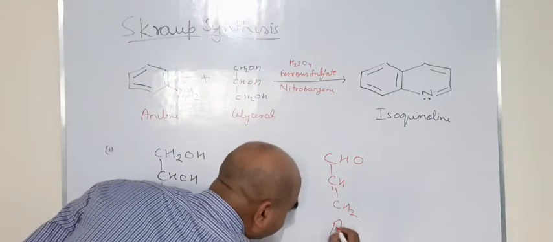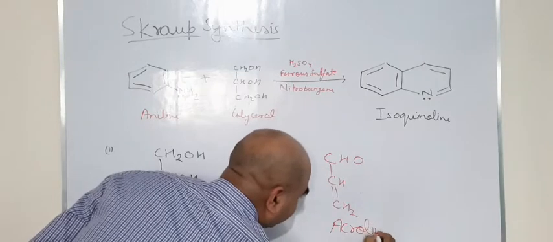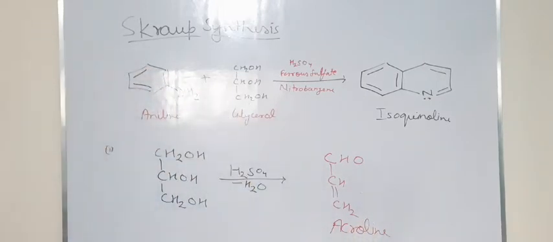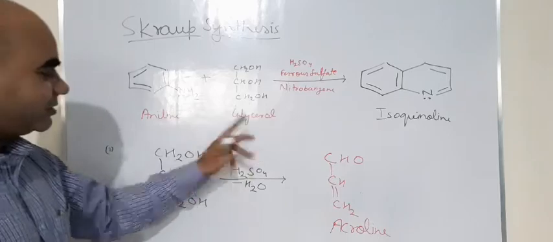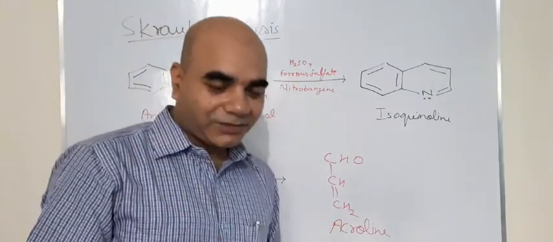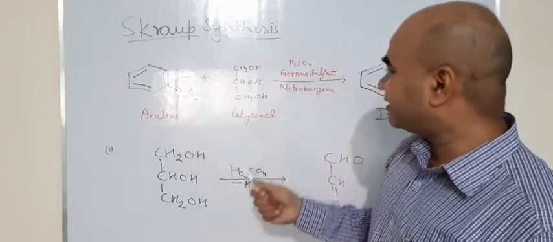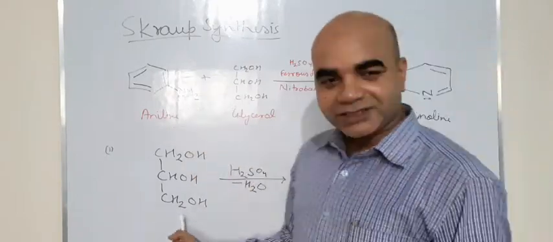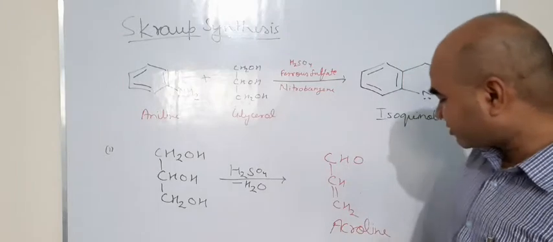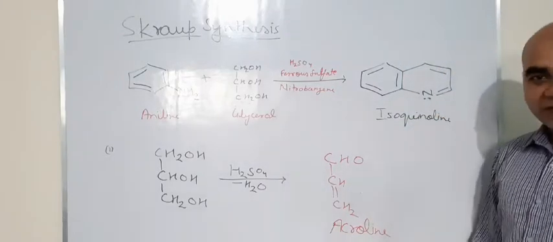This compound is known as acrolein. This is the first step, and this is the reason why we need to heat gently. Once we mix the reagents and start heating, very soon the glycerol is converted to acrolein, which has the aldehyde.